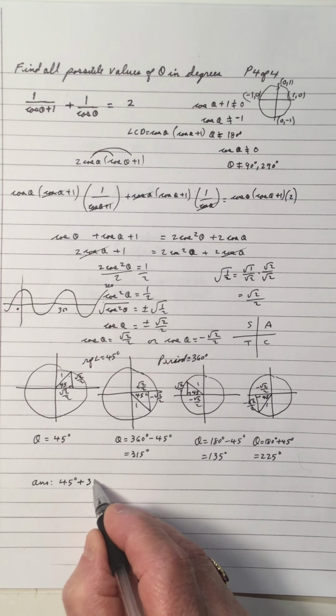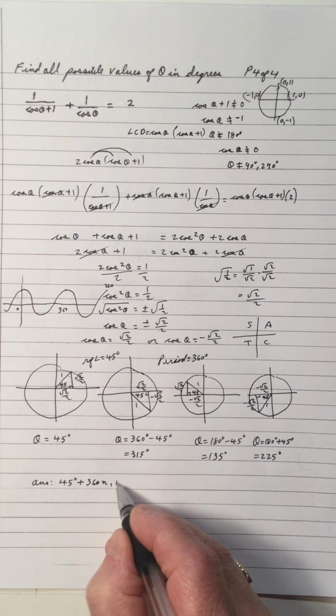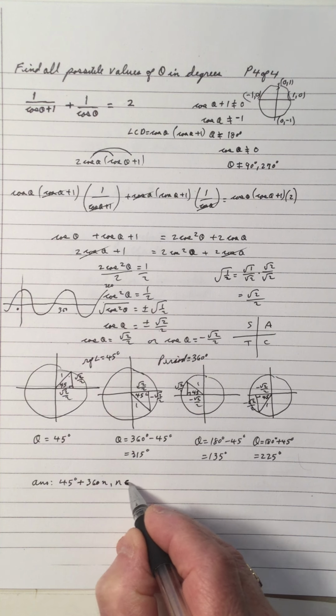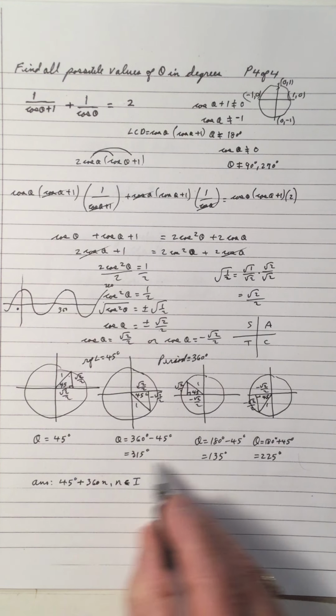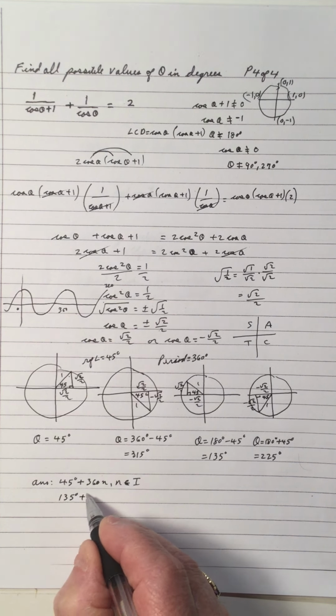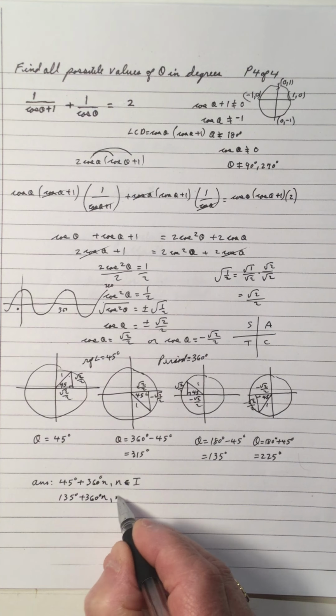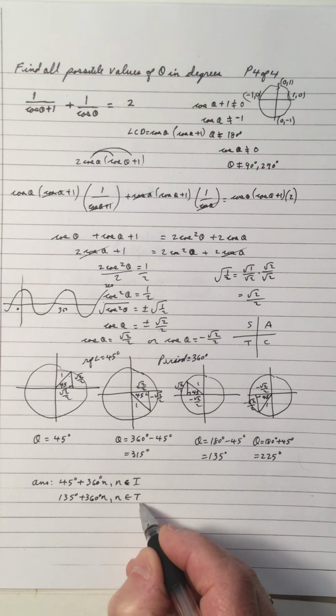add on 360 degrees, which is the period, where n belongs to the integers. And we take them in order. We can go 135 plus 360 degrees times n, where n belongs to the integers.